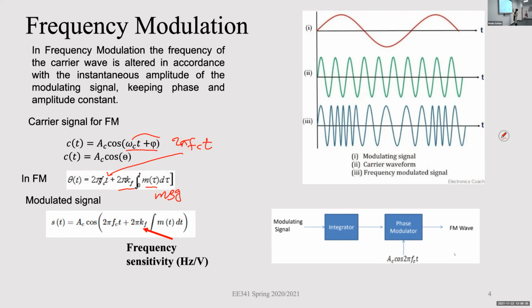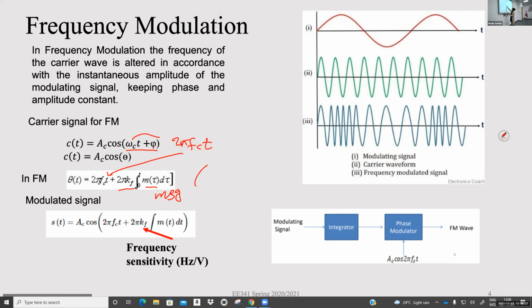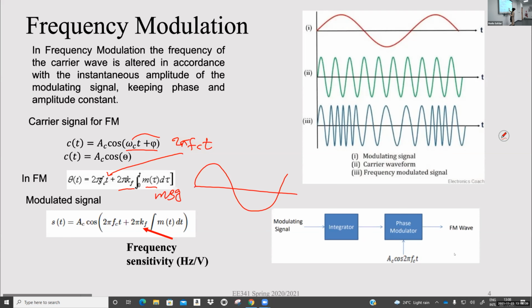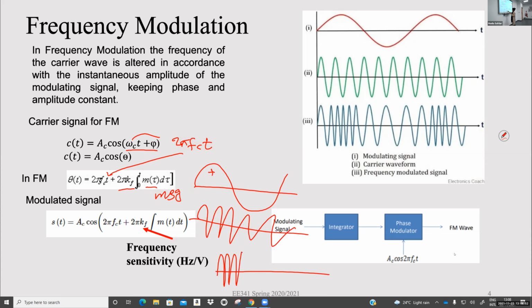This is my message. Then this is my carrier. If the message is positive, my frequency will be high. When this wave is negative, my frequency will be low.